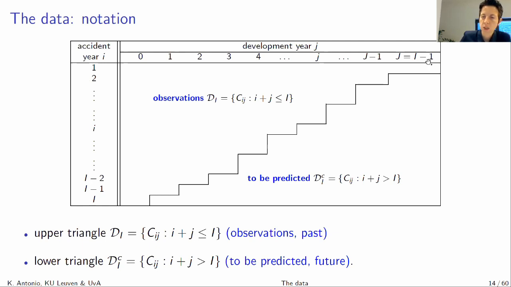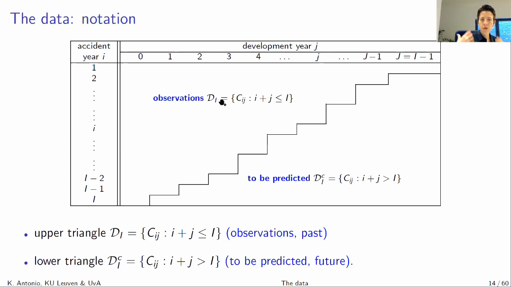That doesn't have to be the case, but it's often convenient for the examples and displays that we construct here, so we assume that the number of accident years is equal to the number of development years.